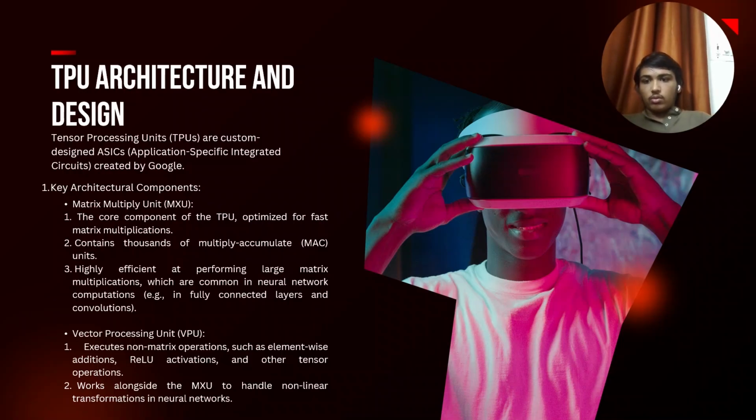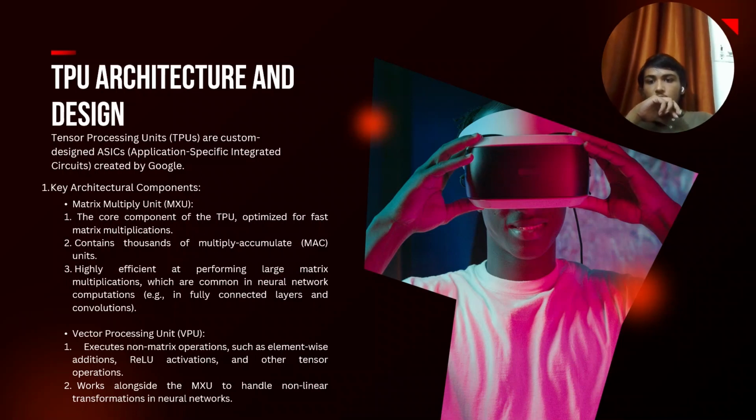The vector processing unit executes non-matrix operations such as element-wise additions, activation, and other tensor operations. Means they are used in basic operations also. It works alongside the MXU to handle nonlinear transformations in neural networks.